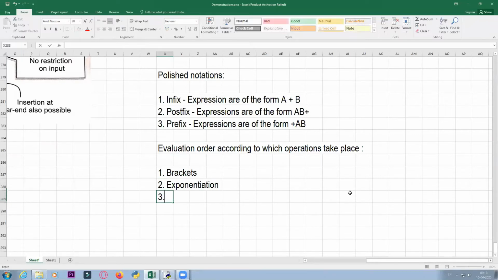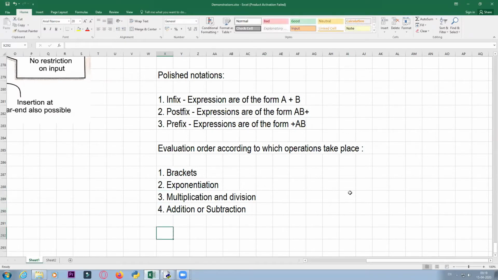Third one is multiplication and division. Fourth one is addition or subtraction. Okay, so brackets, multiplication and division, addition and subtraction.